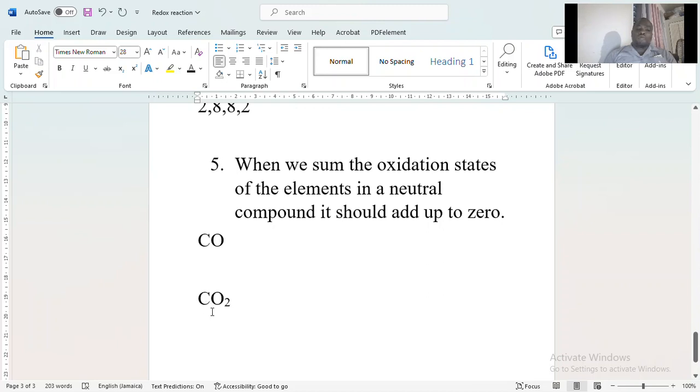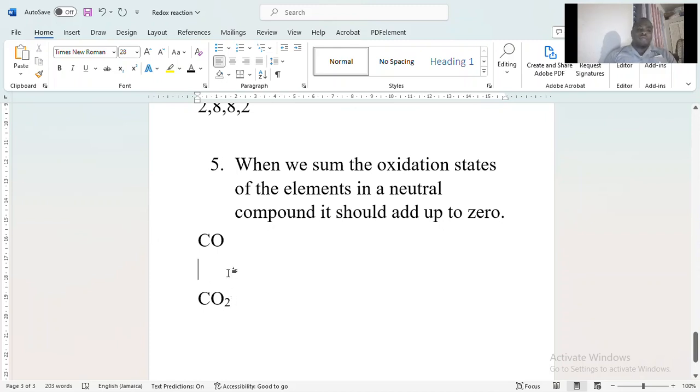We use the name of the first element as it is on the periodic table, so we say carbon. We use the -ide name for the second element, so instead of saying oxygen, we say oxide. We indicate using prefixes, and in this case, we have 2 oxygen atoms, so we use the prefix di. That's why it's the popular carbon dioxide.